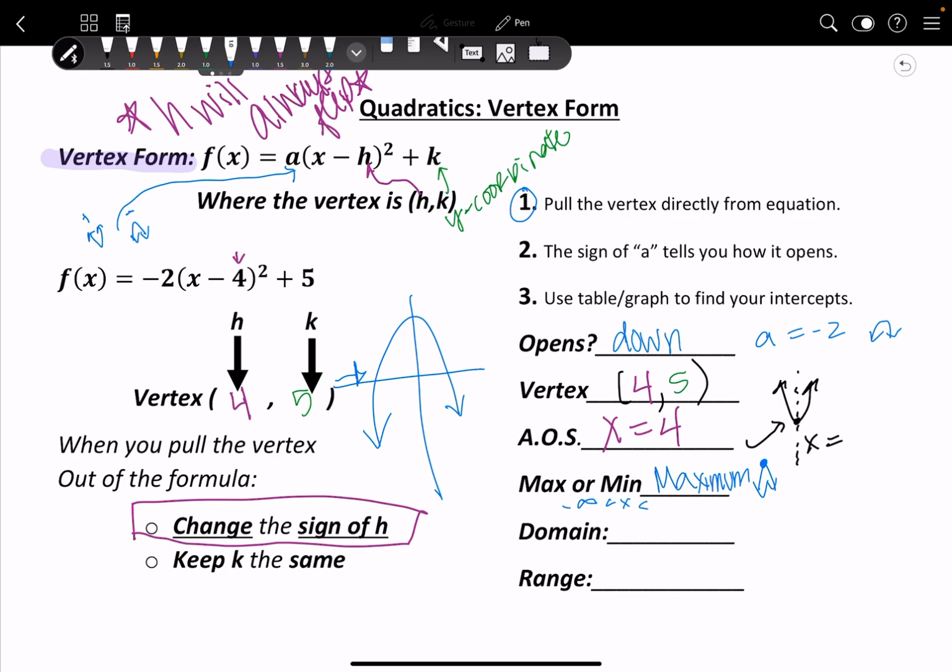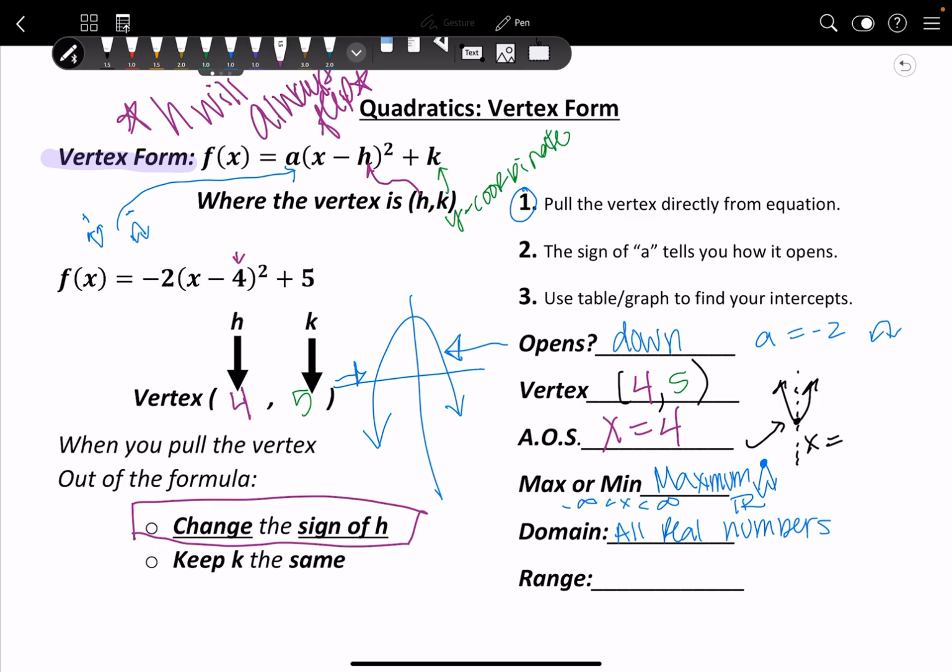If I come from the right, it's positive infinity because of the arrows. Two infinities, two more ways to write it. We can write it as all real numbers. Or you can use that fat R, the double-struck R, to say that. On the computer, the fat R looks a little bit different, but you'll see that.